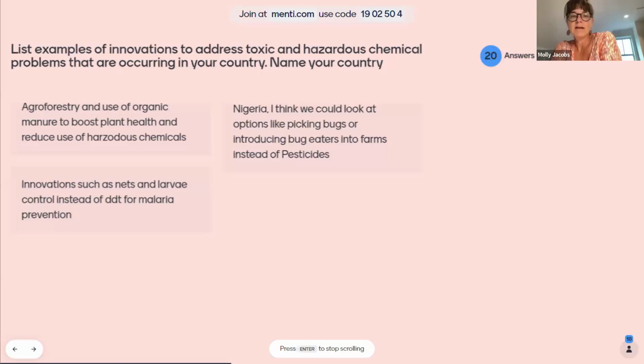What I'm also seeing in these examples of innovations is that there are so many examples from the agricultural and pesticide setting of functional substitution. If the key is to deal with the mosquitoes carrying malaria, nets, right?